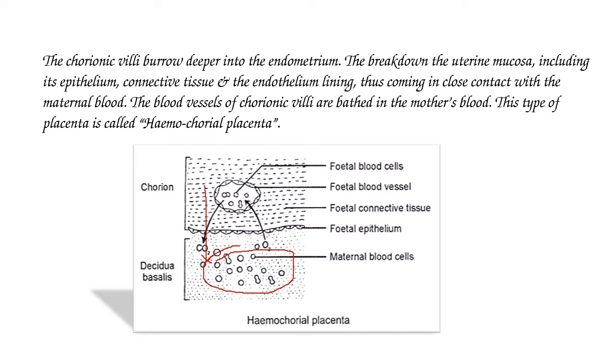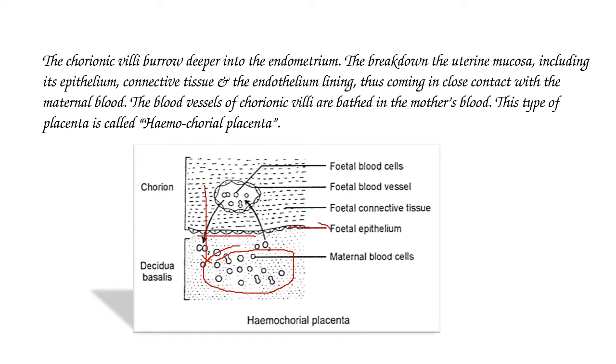So the blood vessels of this chorionic villi are bathed in the mother's blood. As a result, the exchange of substances will take place through diffusion. Here the fetal epithelium is not broken down. When chorionic villi move deep into the endometrium, they break down the epithelium of the endometrium, and the endothelial lining and connective tissue.